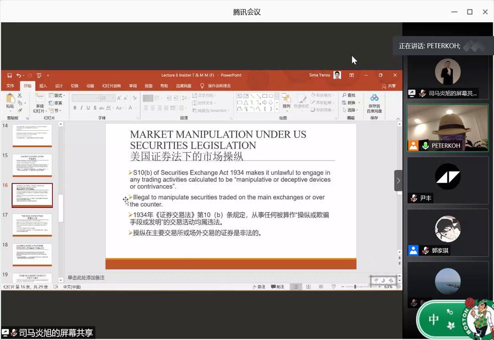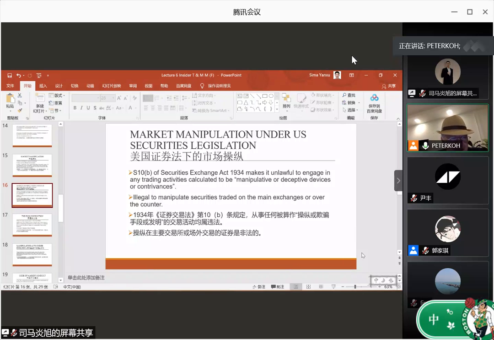Now, it is illegal to manipulate securities traded on the main exchanges or over the counter. So it's illegal in over the counter trading. Like in England, you have AIM. In America, you have over the counter, and then you have the New York Stock Exchange, and then you have NASDAQ, right? So this is very interesting. It can be over the counter or in the main exchange.